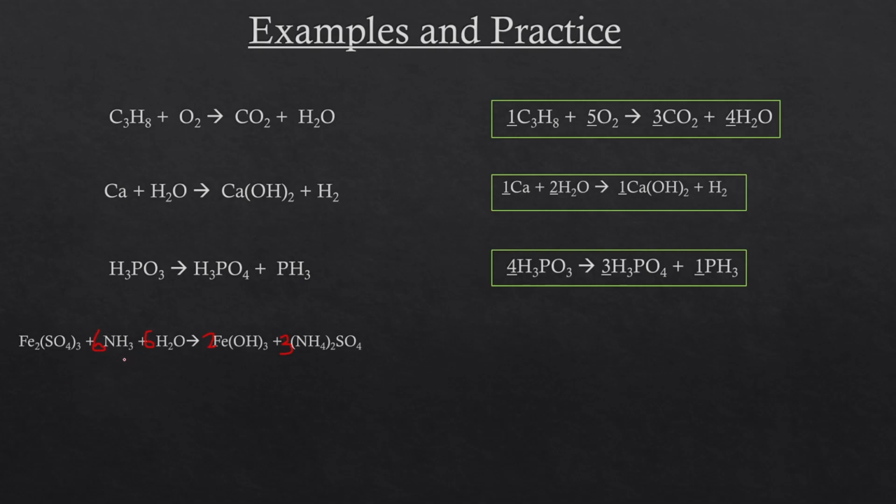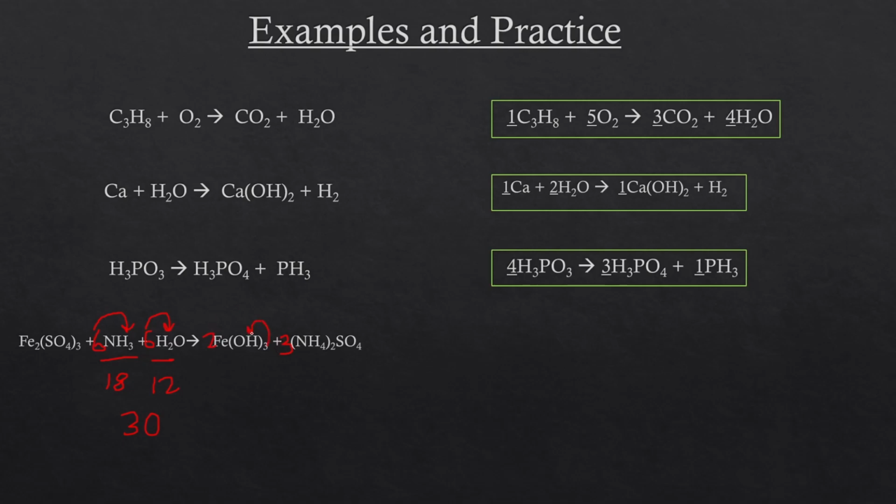So the last thing, I'll just work left to right. Starting with this molecule, I have 6 times 3. So that is 18 hydrogens just in this one molecule. I have 6 times 2, which is 12 hydrogens right here. So total, we will have, let's see, 30 hydrogen atoms on the left side. And now let's move on to the right side.